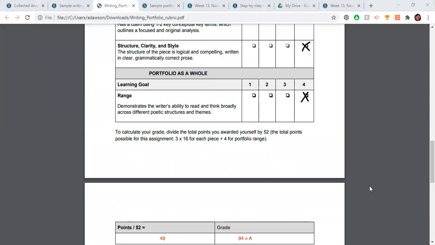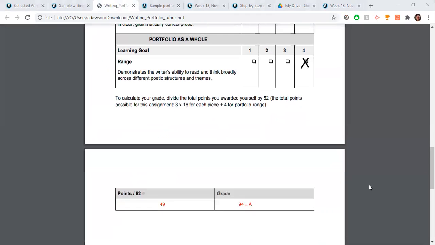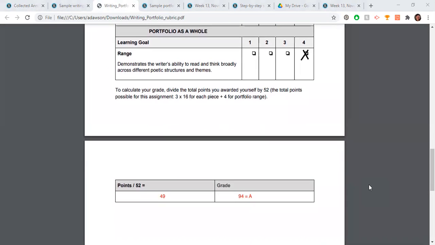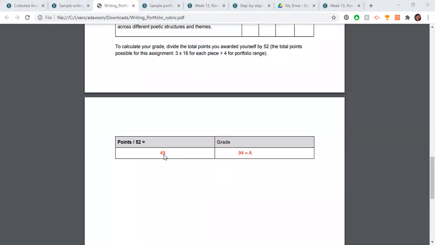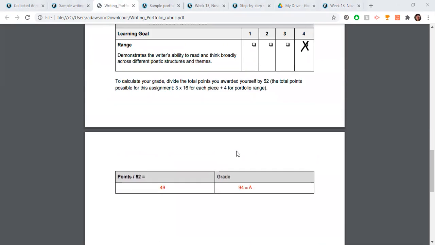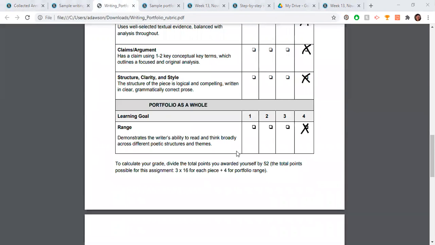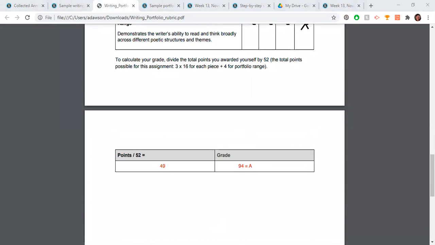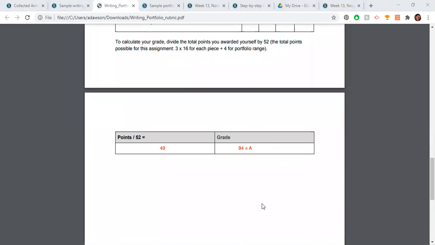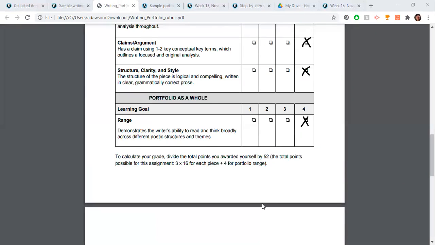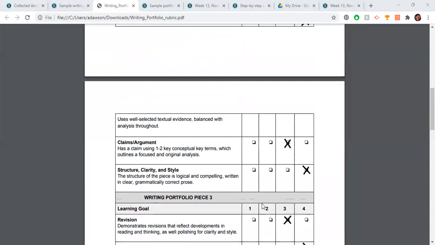And I think it's fair to give this portfolio's range of 4. So if we add all those up, that's 49 out of 52, which equals a 94. So there are still some things that could be done, particularly in the Robert Hayden piece, possibly adding some line numbers to clarify, or revising a bit further to improve the language.